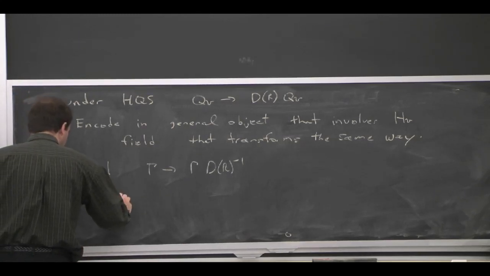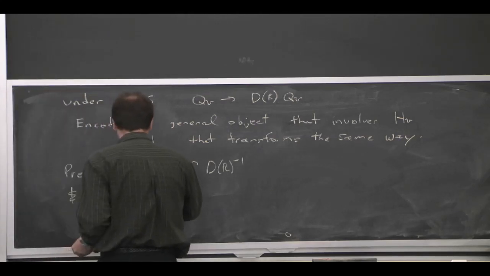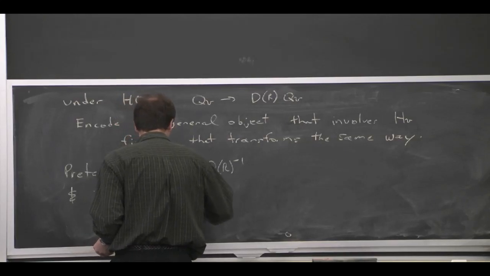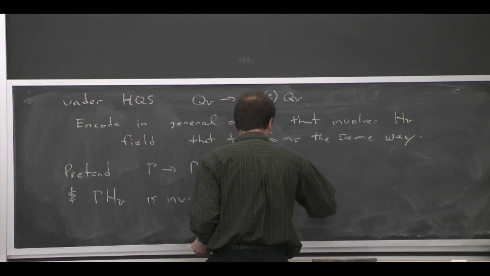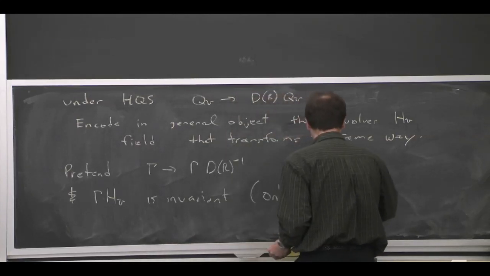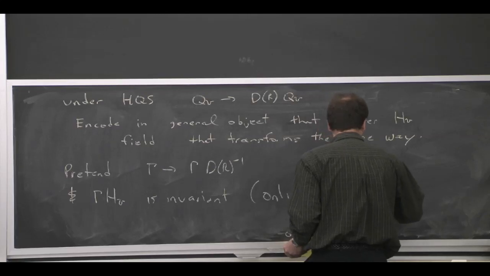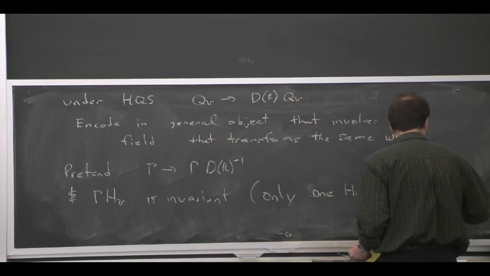And it's very simple, because gamma times H_v is invariant. You only have to think about one H_v field because the number of heavy quarks is preserved. Okay, so we know there's only one.